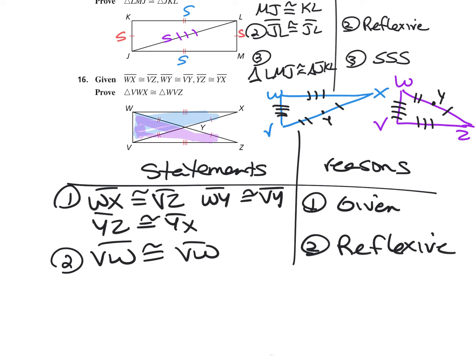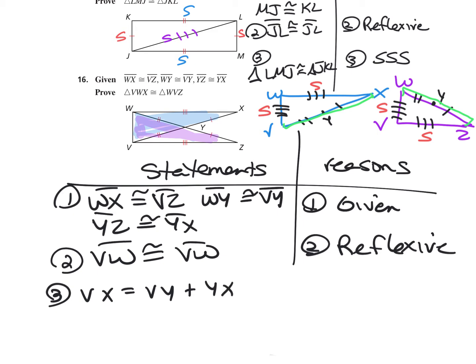So notice so far I have this side and this side congruent, and then this side and this side. In order to show that this side here is congruent to this side here, I'm going to have to do a segment addition postulate. So I'm going to show that VX is made up of adding VY plus YX.